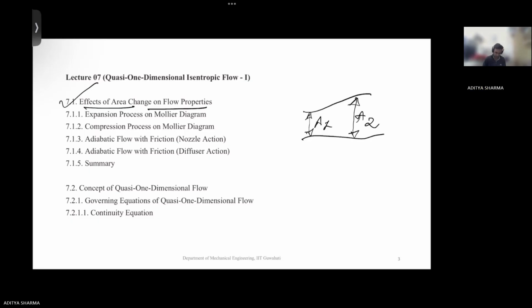Then the expansion process and compression process on Mollier diagram, adiabatic flow with friction, diffuser action, and nozzle action.